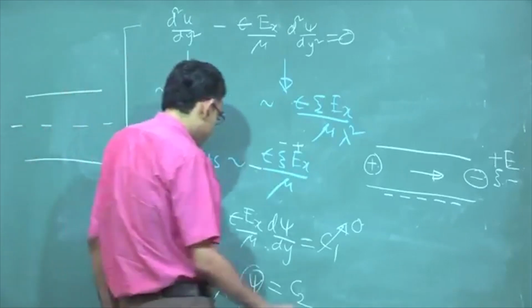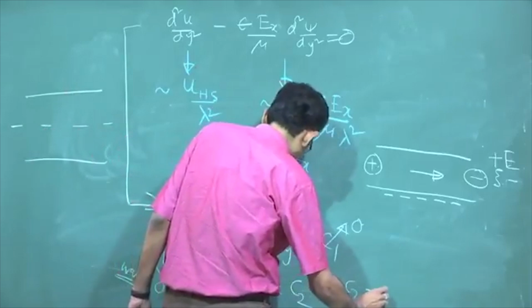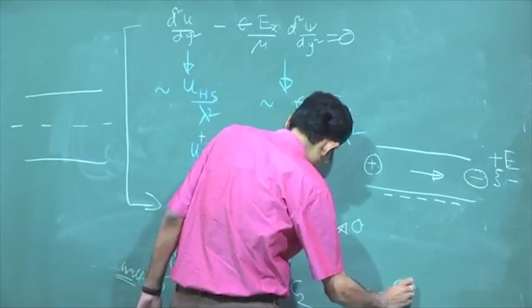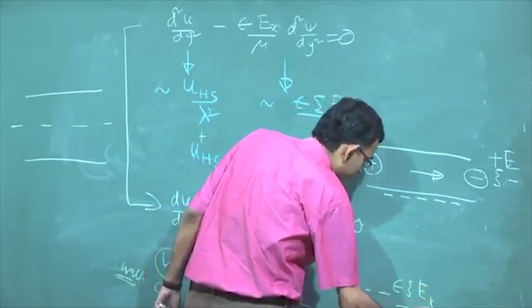So you have C2 is equal to minus epsilon zeta Ex by mu.